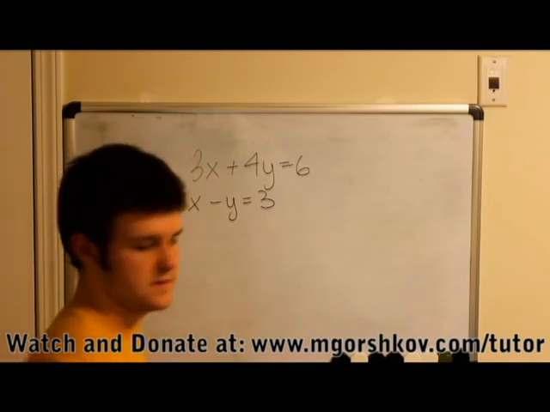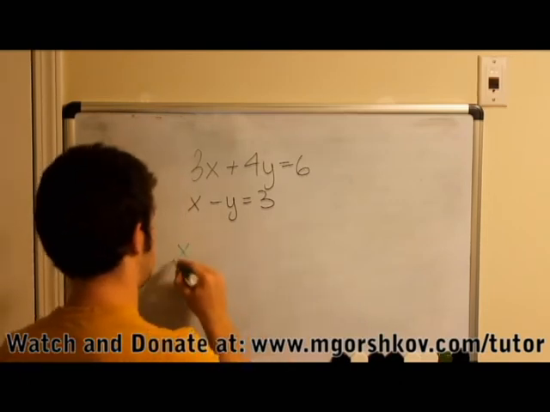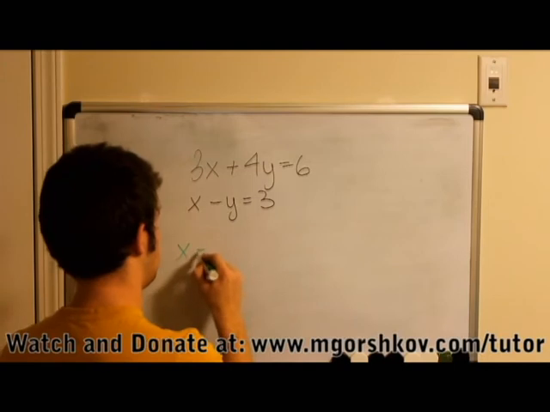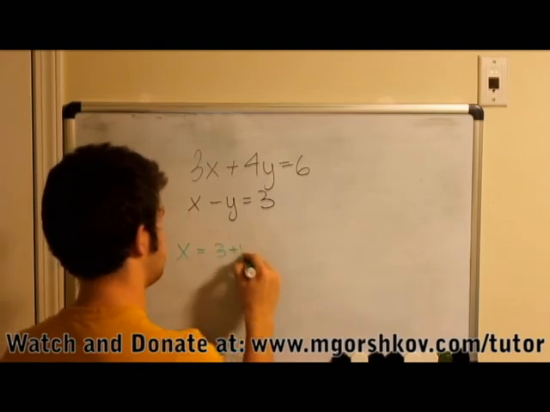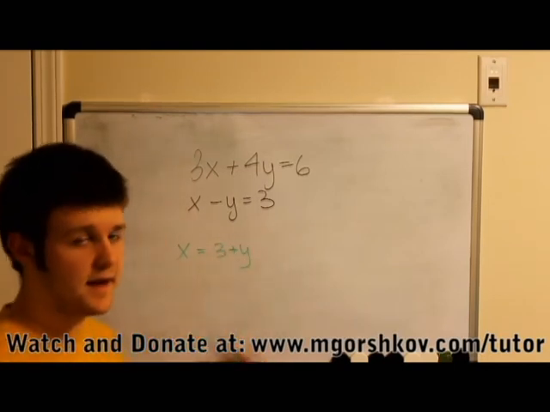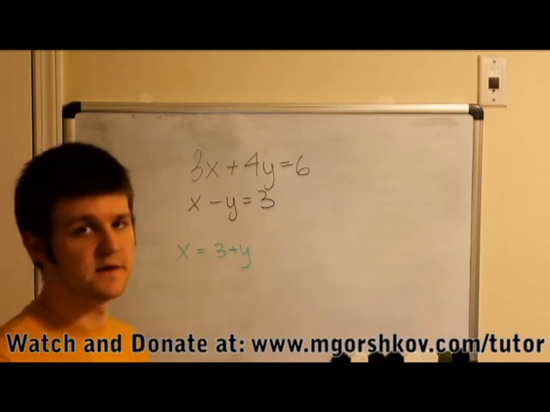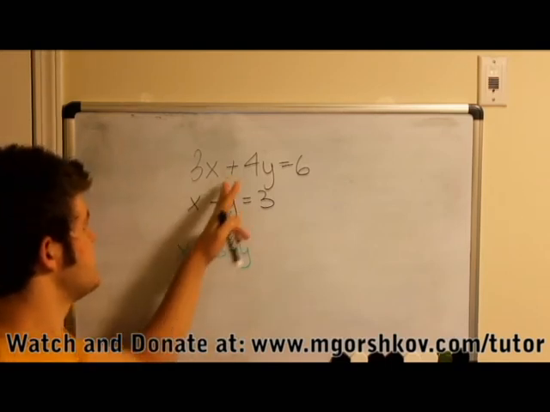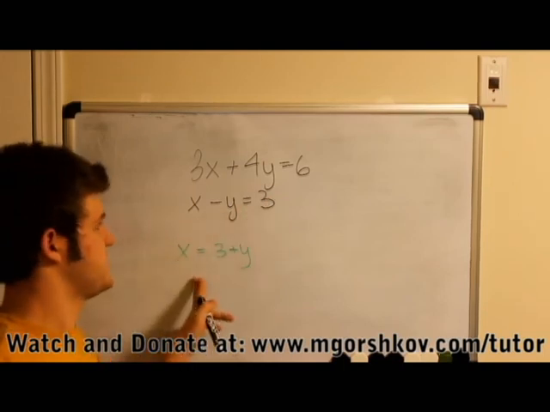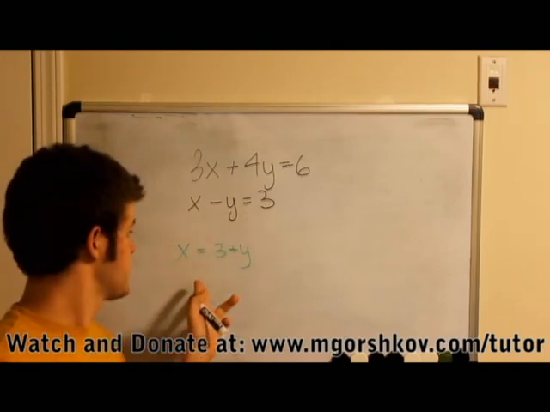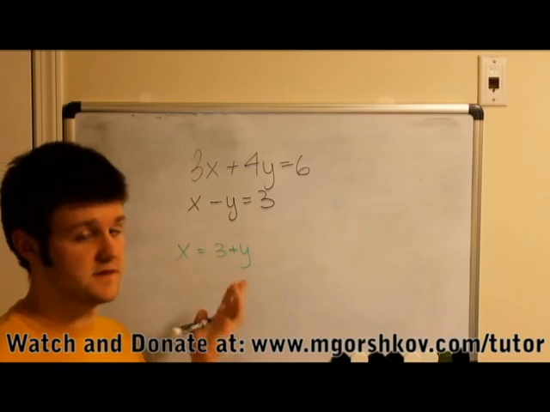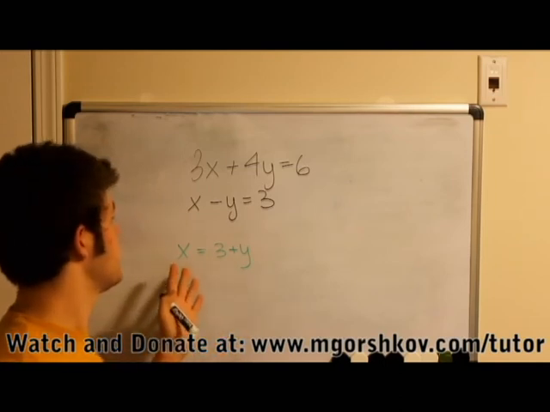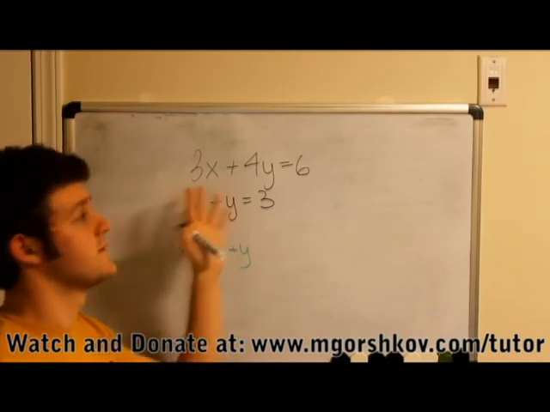So for example, I chose to isolate x, but it works just as well if you isolate y. Now, since these x's and these y's are the exact same, therefore they're a system of equations, we can substitute this x for that x.